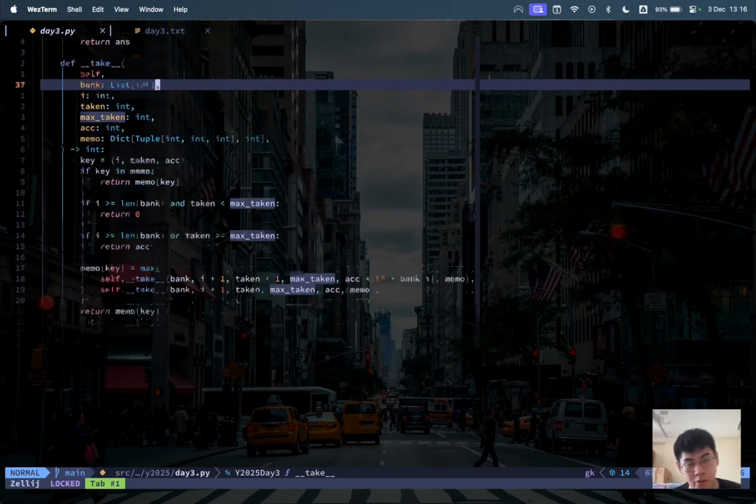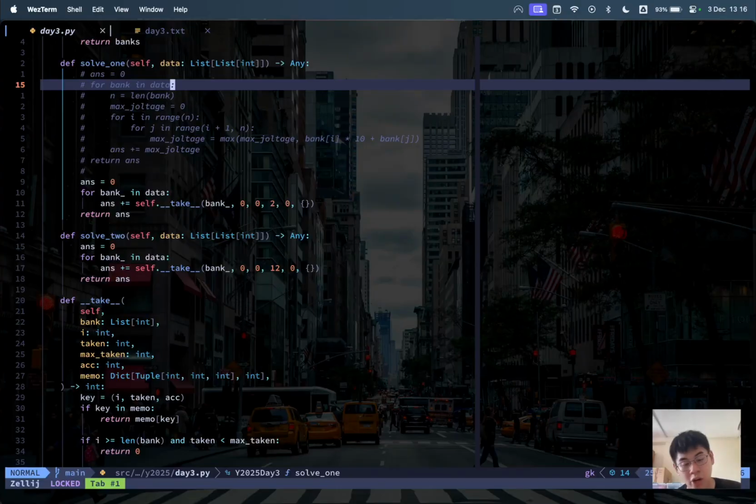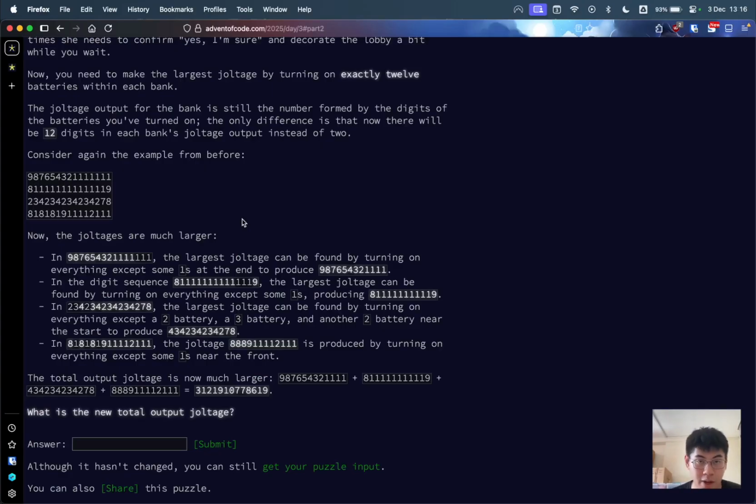So let me try to think of a better solution for this. Based on the constraints that we are seeing, we are very likely dealing with a problem that requires some kind of greedy solution, where we know for certain that picking those digits in a certain order is the optimal choice for us to be making.